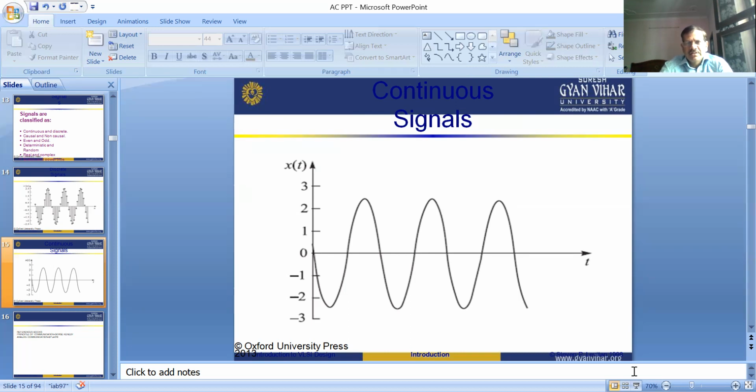Nowadays, the digital system is generally employed for transmission.